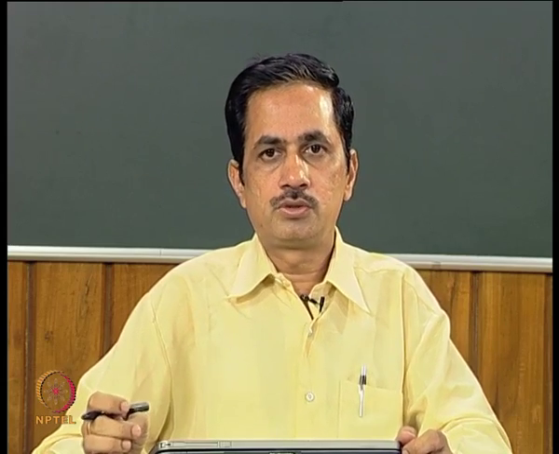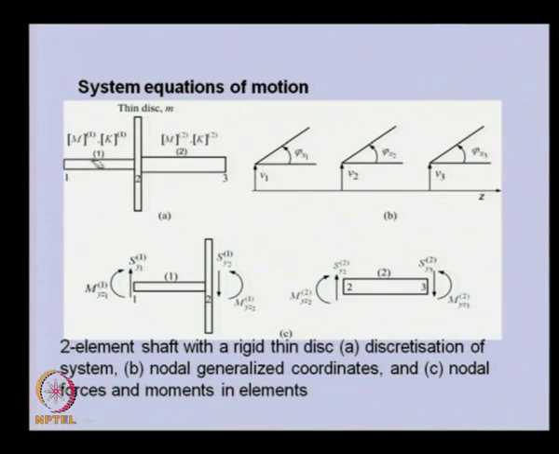Once we obtain the elemental equation, the question is how we can assemble the equations of various elements once we have written them, and especially, apart from the element which we have considered, if some concentrated mass like disks is there, how to incorporate it in the assembled equation. So, let us see the assembly of the equation for a very simple two element case. In this particular case we have two elements.